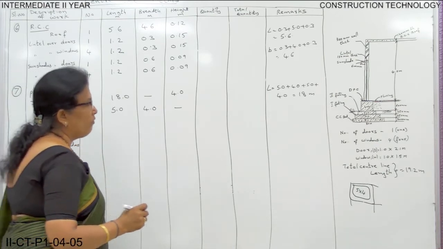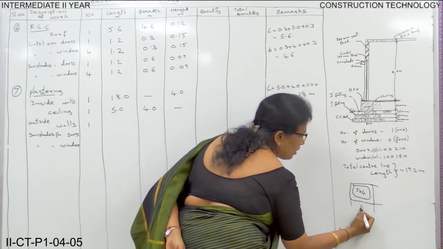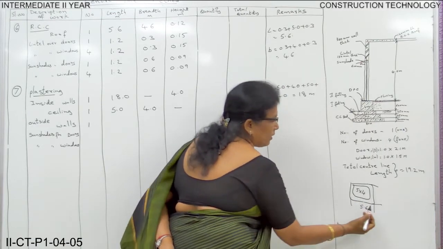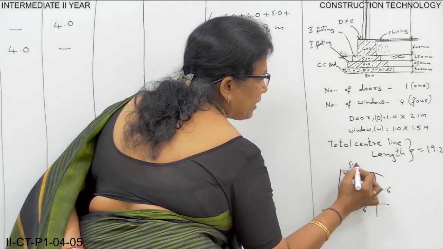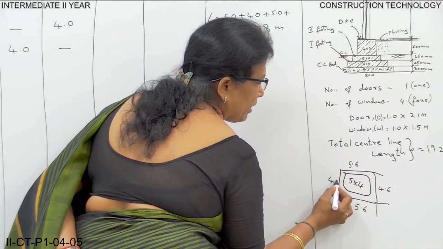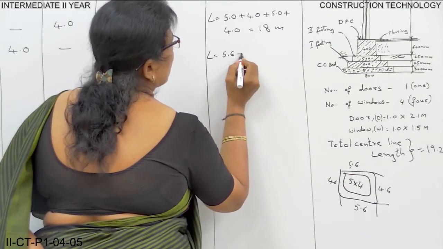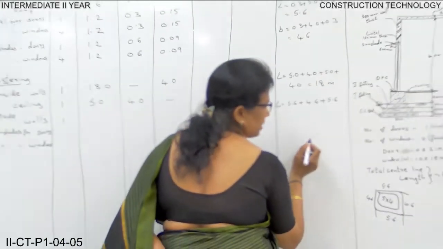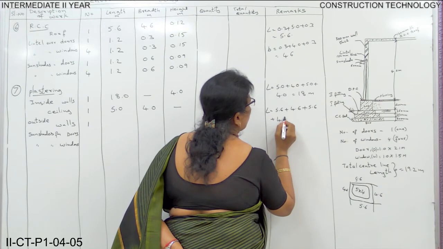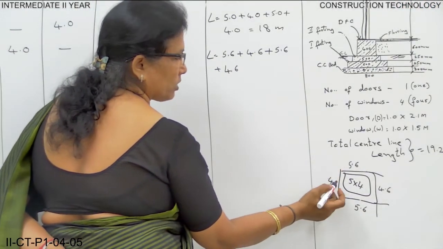Number 1. We need to calculate the length. Now this is including walls. This is 5.6, here it is 4.6, here again 5.6, and again 4.6. So the length is 5.6 plus 4.6 plus 5.6 plus 4.6.